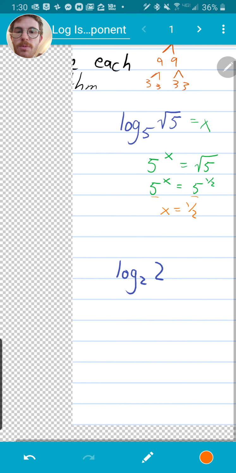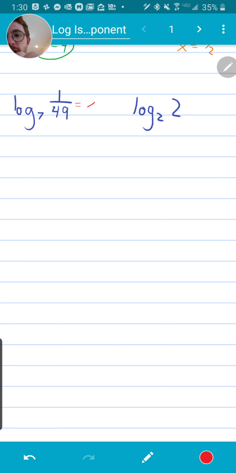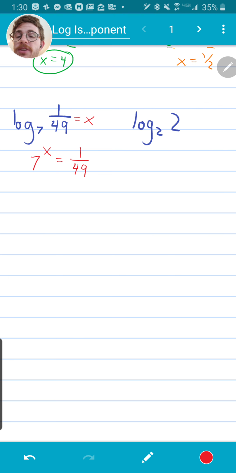All right, moving down here. Once again, we're going to set it equal to x because we want to know what this equals. Well, this is log base 7. Log is an exponent. I'm going to set that equal to 1 over 49. So I'm going to take my time simplifying this.